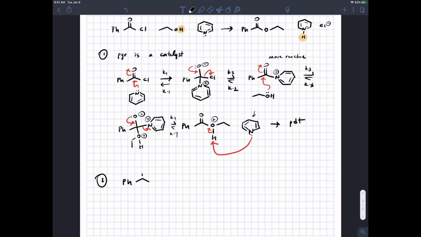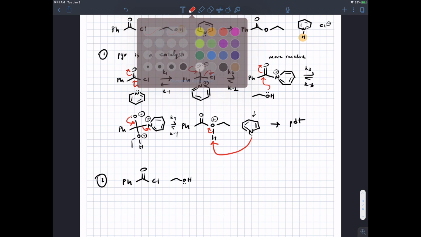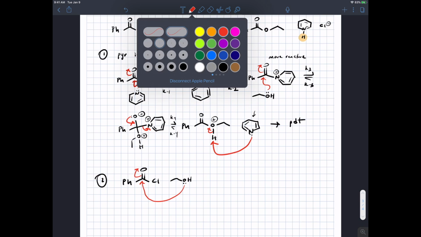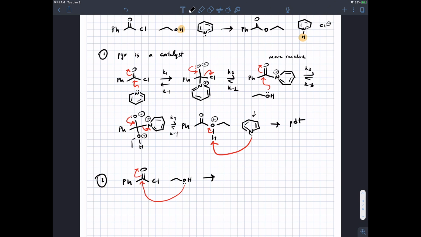The alternative is, like you said, Jared, why does pyridine attack in the first place if it's an even better leaving group than the chlorine? And you can compare pKa's of HCl versus pyridinium. Pyridinium should be a worse leaving group than chloro.